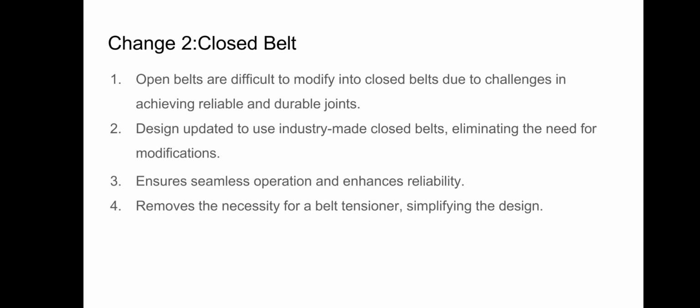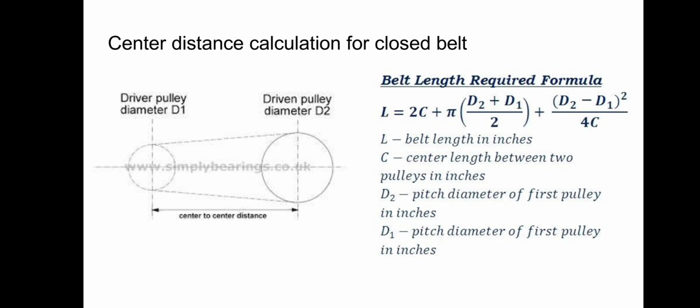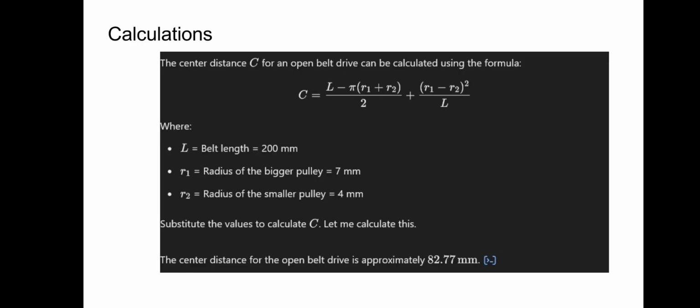To eliminate that issue, we adopted the closed belt to ensure seamless operation and enhance reliability, to remove the necessity for a belt tensioner and simplify the design. So the center distance is calculated for the closed belt with the help of mathematical modeling.